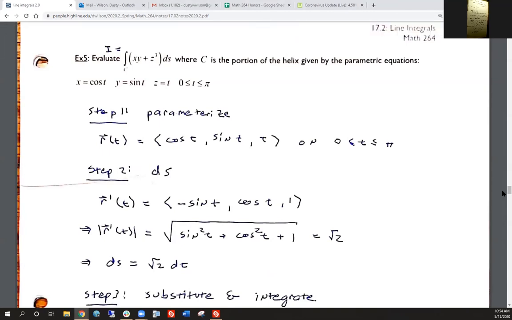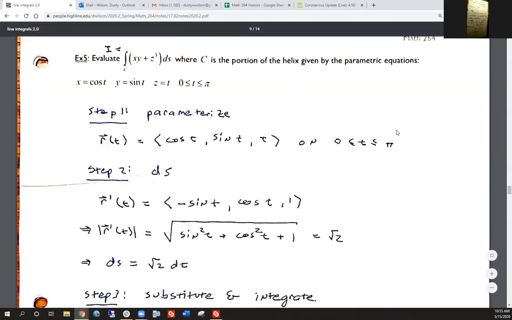Why are we finding r prime of t and then its magnitude? Because before we were doing the F vector dot product with dr, and now we're finding ds, which is arc length.